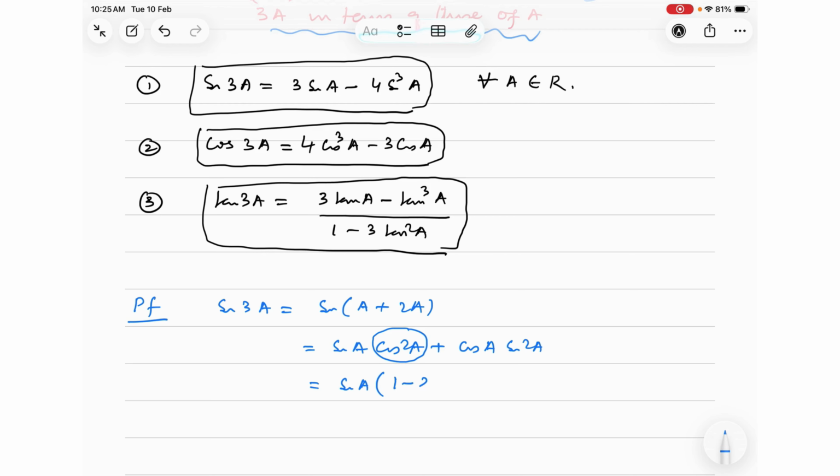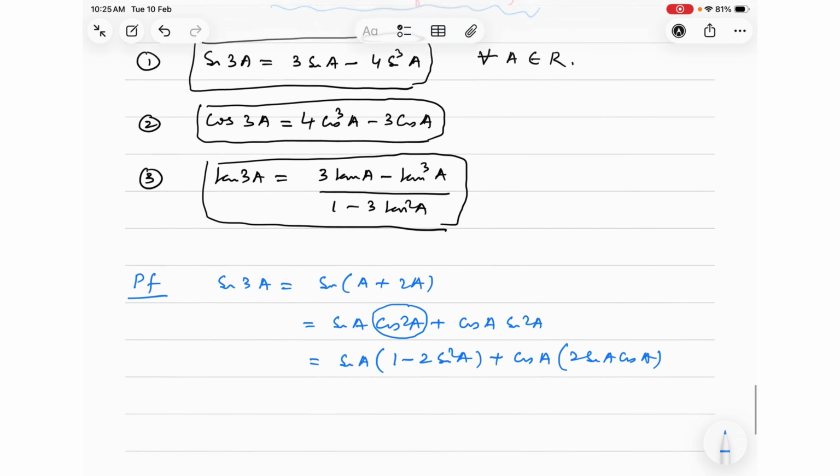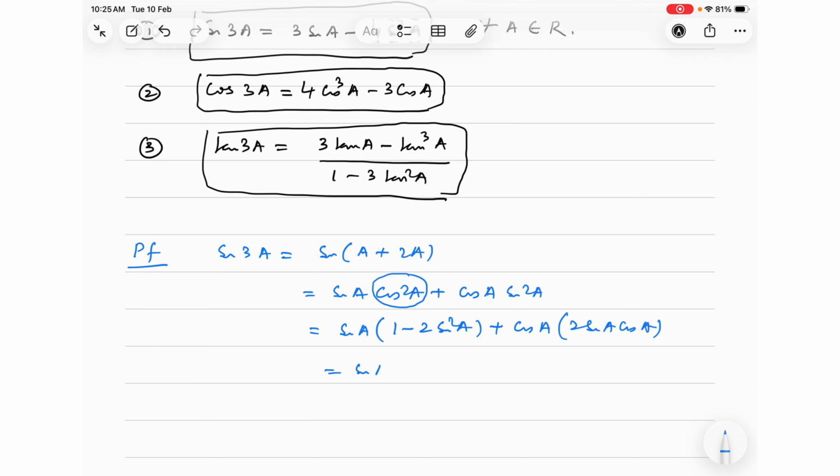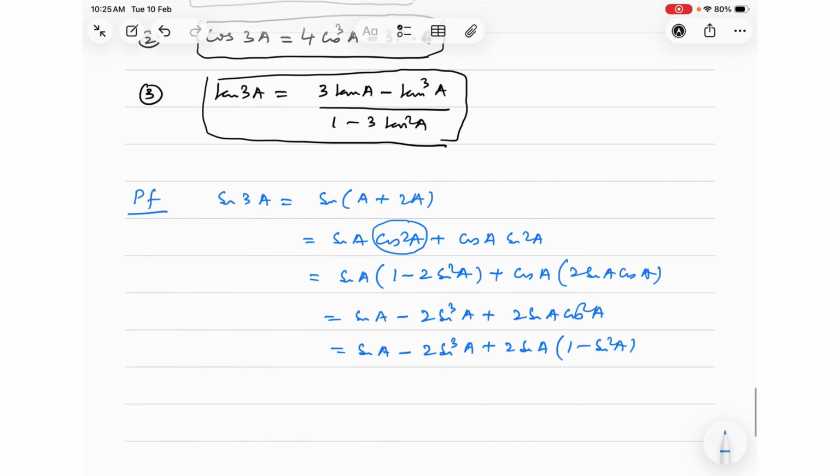It is 1 minus 2 sin square A. And the sin 2A formula is 2 sin A cos A. Open the brackets, we get sin A minus 2 sin cube A plus 2 sin A into cos square A. Cos square A is 1 minus sin square A.